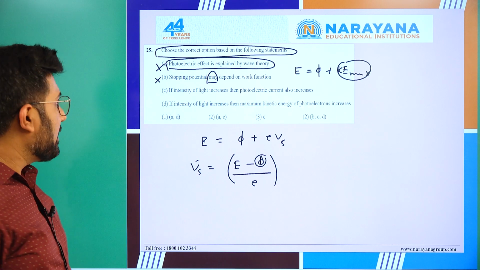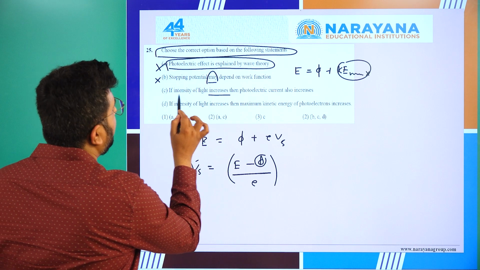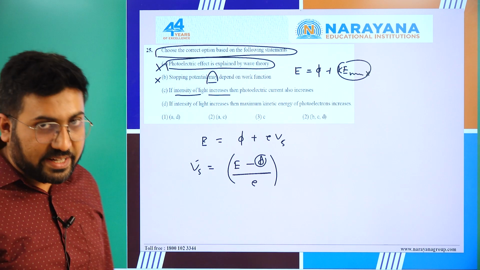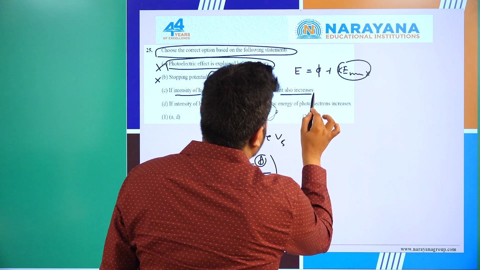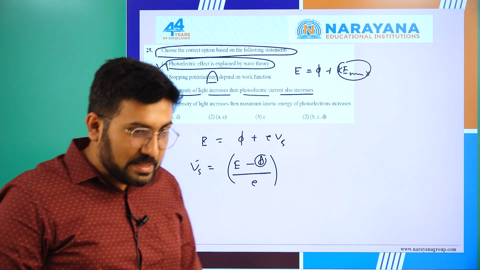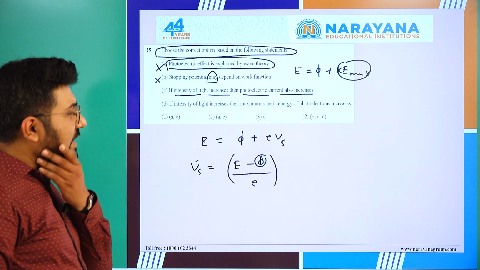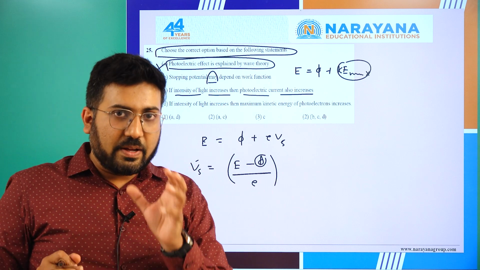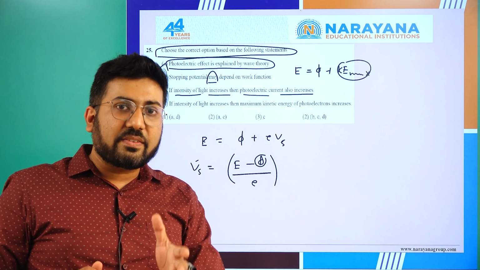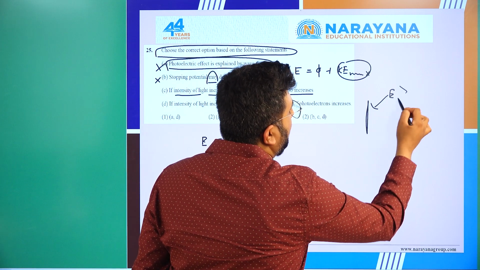The next option is, if the intensity of light increases, then the photoelectric current also increases. This statement is only partially correct. Intensity plays a role only if the incident energy is greater than the work function.